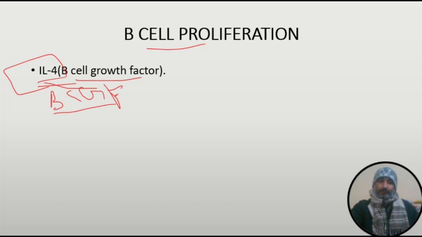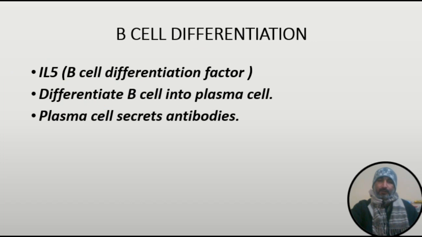And the B cell differentiation factors: how will B cell differentiation occur? If IL-5 molecules are present. IL-5 proteins are the B cell differentiation factor. The cells differentiate into plasma cells that secrete antibodies.